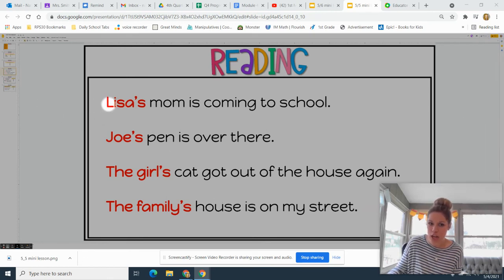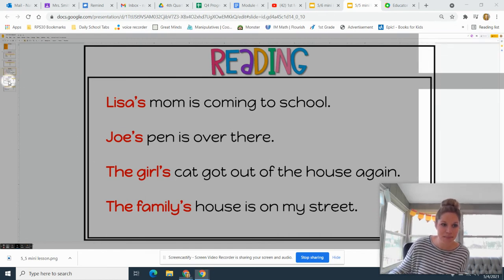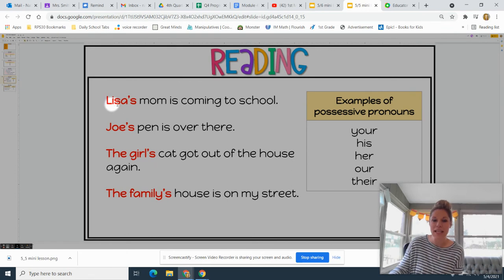So let's see how we could change these possessive nouns into pronouns. Remember, we use pronouns in our writing to make it sound more interesting. Let's try it. Lisa's mom is coming to school. Which one of these possessive pronouns could we replace Lisa's with?